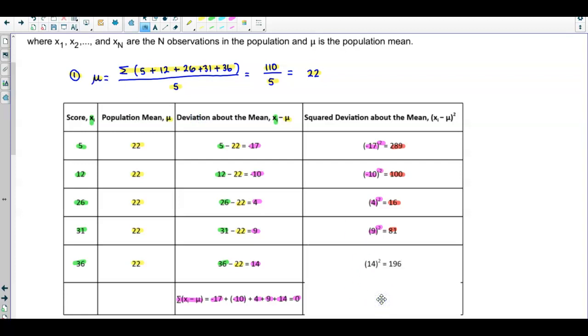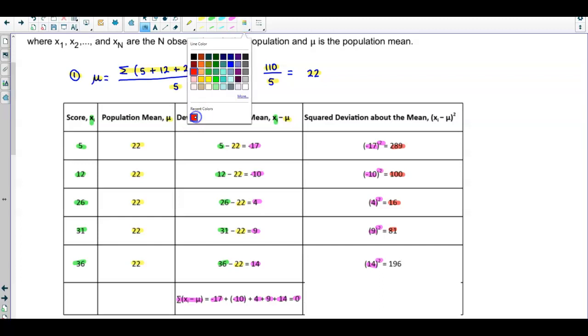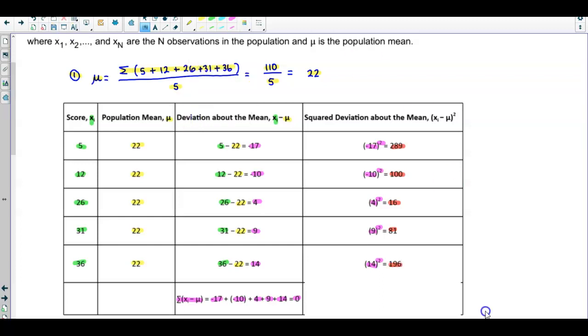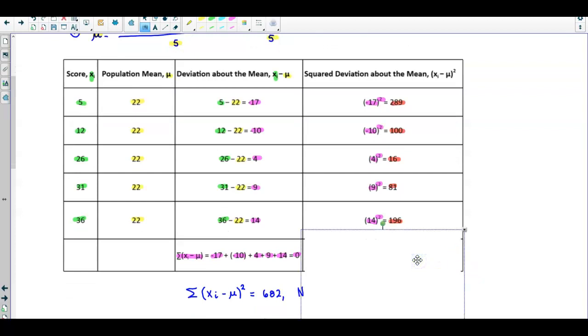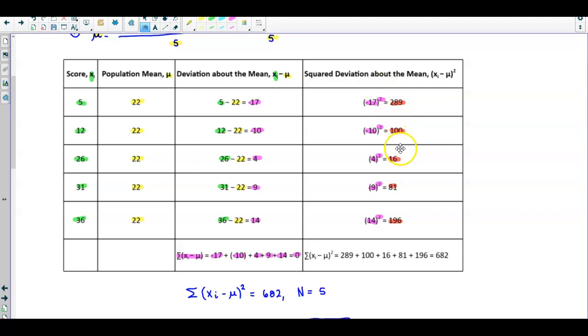And then last, we take the deviation of 14 and square it to get 196. So now with this last column, we add up all these square deviations. The sum of the square deviations is 289 plus 100 plus 16 plus 81 plus 196, which gives us 682.